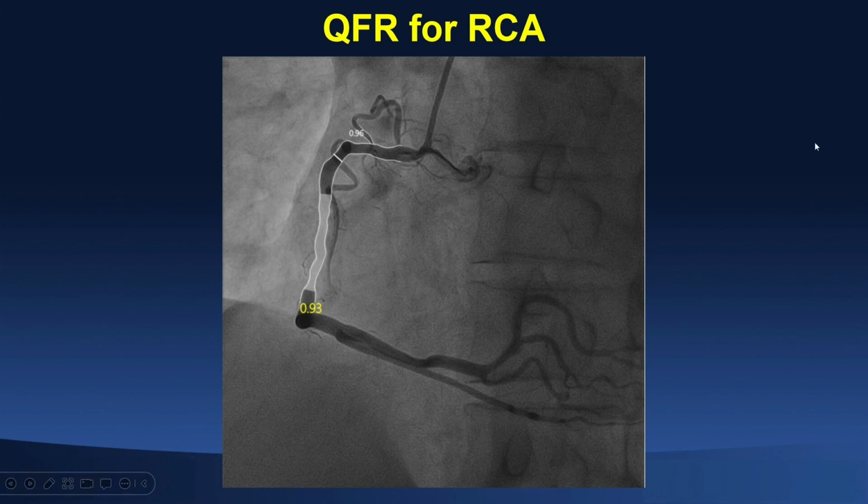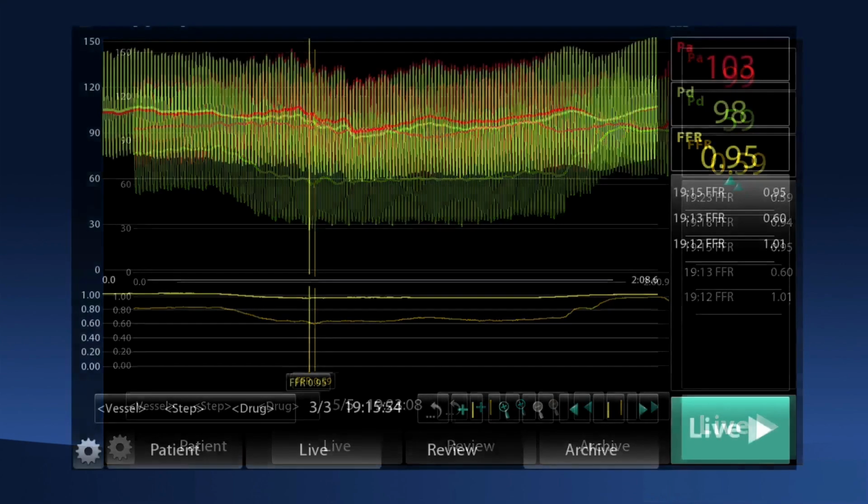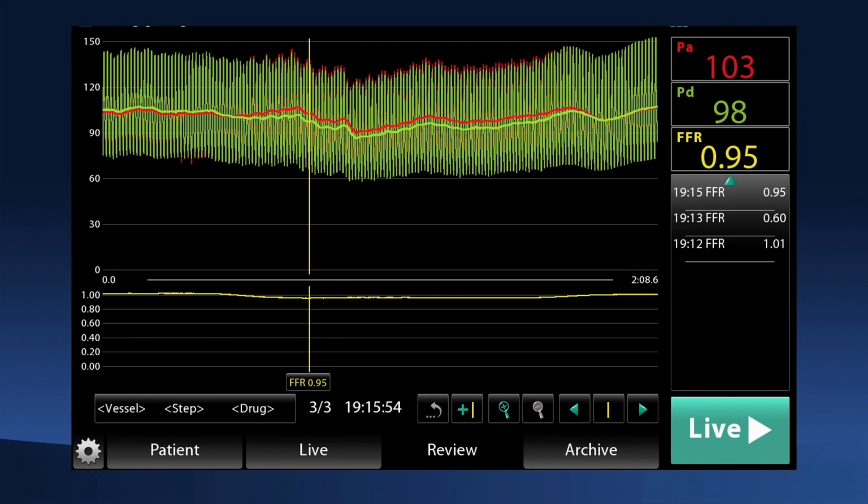Just now, we had finished the FFR check. FFR for LAD is 0.59 and FFR for LCX is 0.95. So we can see the FFR is very close to the QFR value.